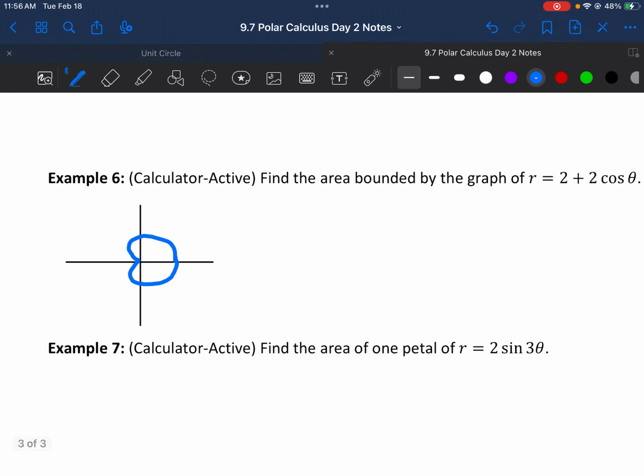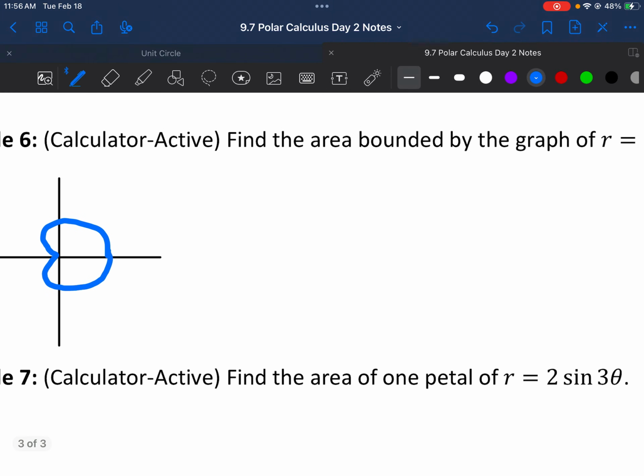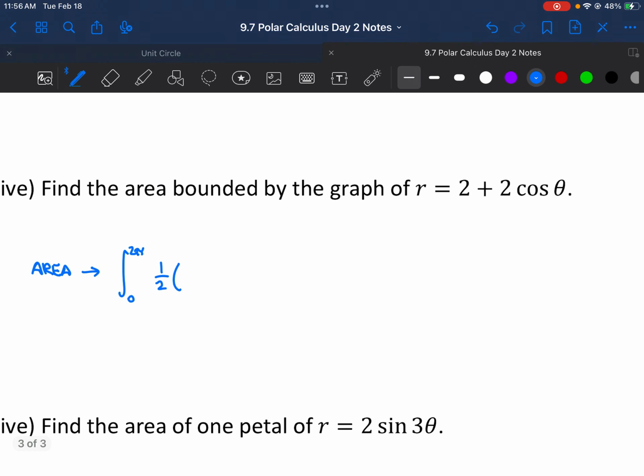Now the point is, to get the whole graph to generate, using your knowledge of your different polar curves, we would have to go all the way from 0 to 2 pi. So the area bounded by this graph would be the integral from 0 to 2 pi of 1/2 r squared, where r is 2 plus 2 cosine theta, d theta.